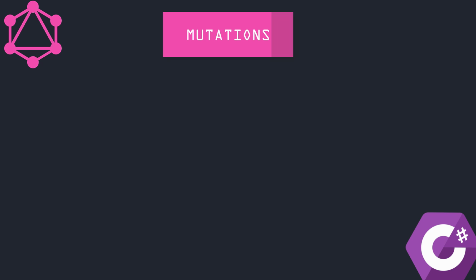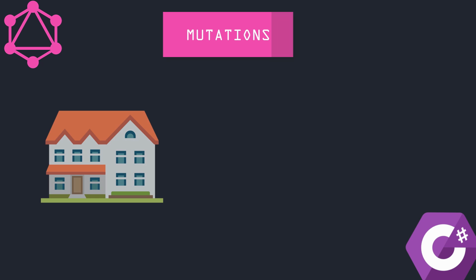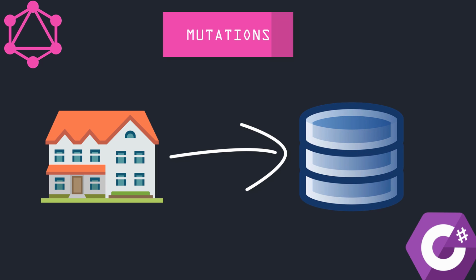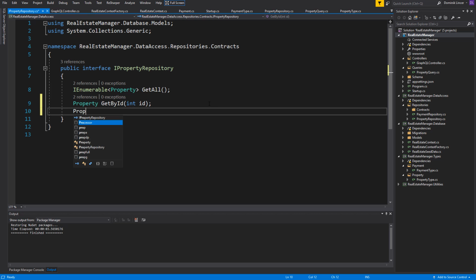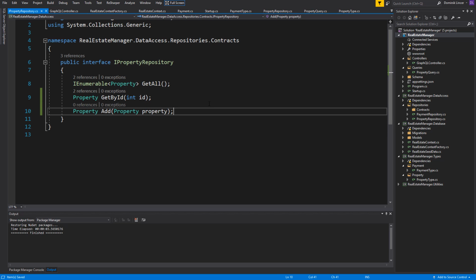Our first mutation will be adding new property into database. User will need to create property object with fields assigned and use GraphQL to insert it. So we can start from the interface IPropertyRepository. Here I will create new method called add, which will take property as argument and at the same time will return property.